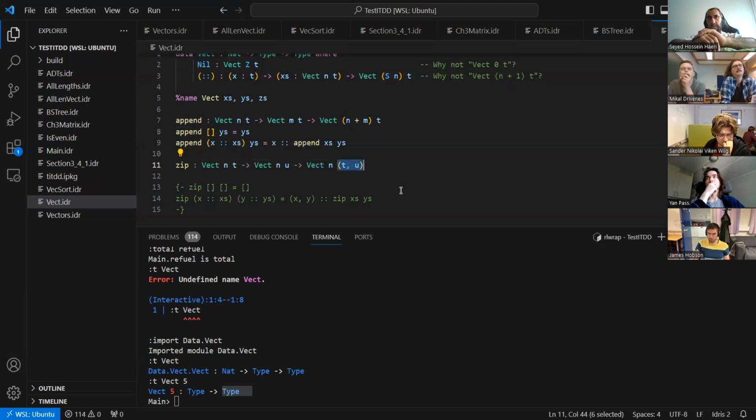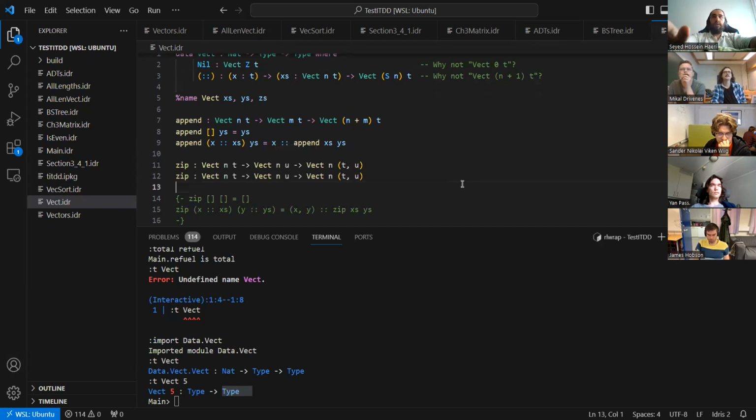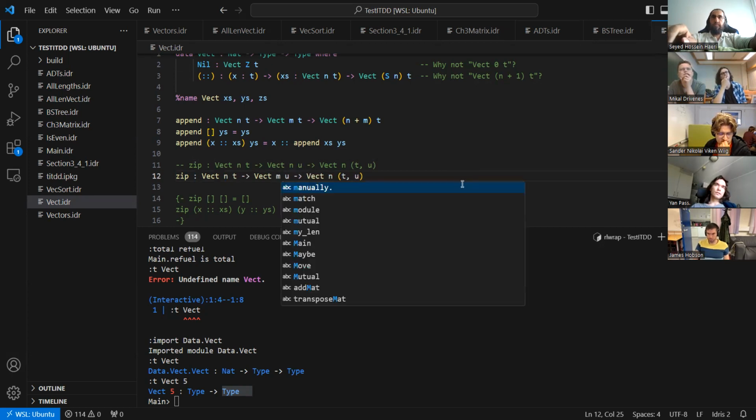I guess you could have A, B, and C instead of N. Yes, you can make this N and M, and then this would be the minimum of N and M. I thought you could just have three sizes. Well, then you're not being very precise. In vectors, you want to be precise with sizing.